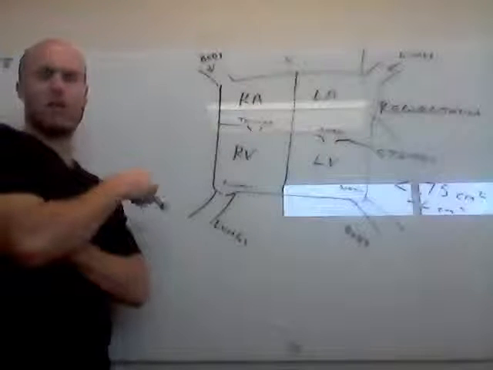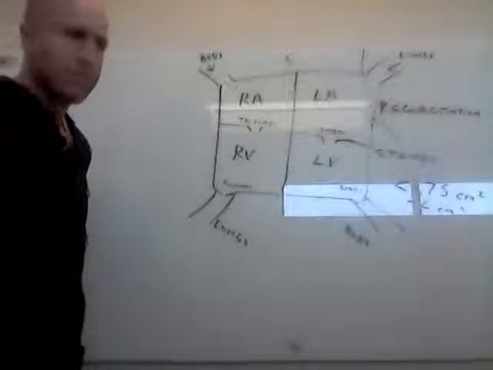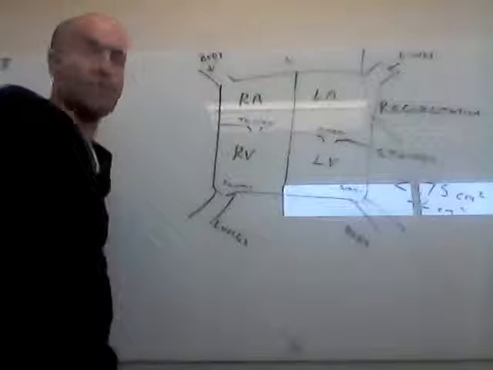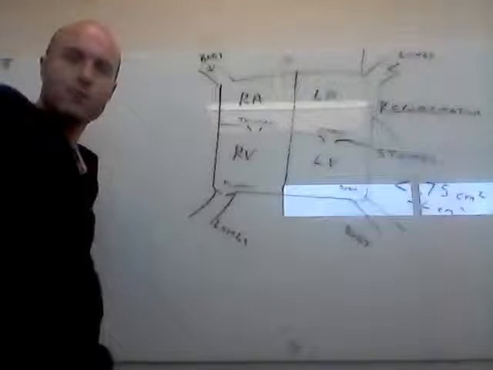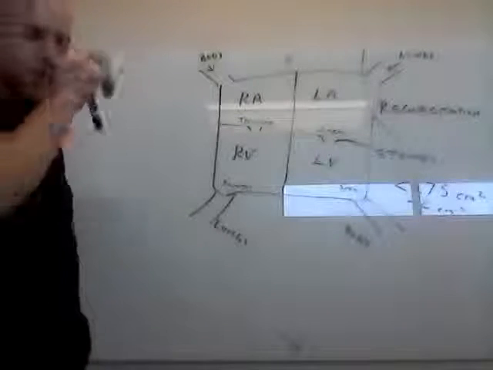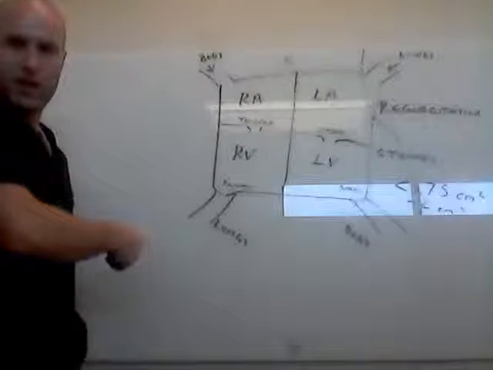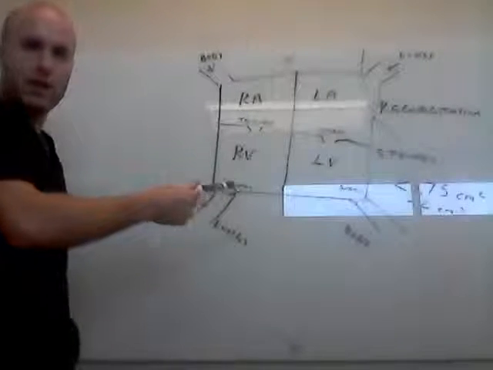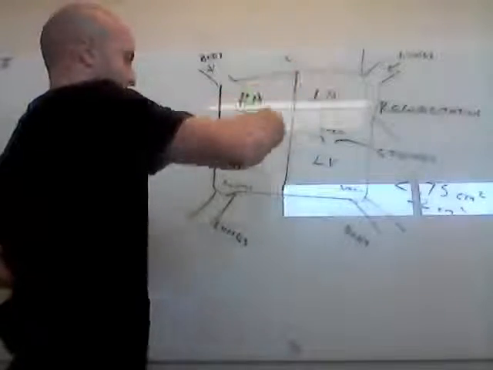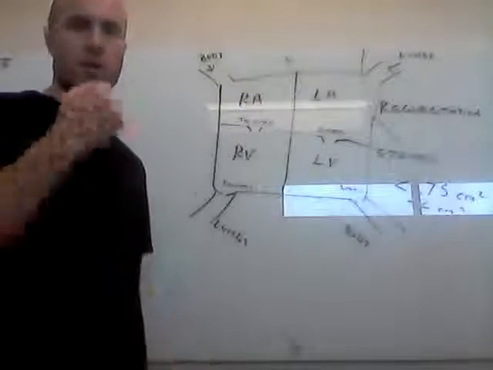Only place in the body that I know of where this occurs, except for, I guess, when the baby's inside the mother anyway. So what happens is you get pulmonary arteriolar constriction. And so this gets constricted, and that's secondary to left atrial and venous pressure. So this gets really high, and I guess that back gets constricted. I don't fully understand that part.